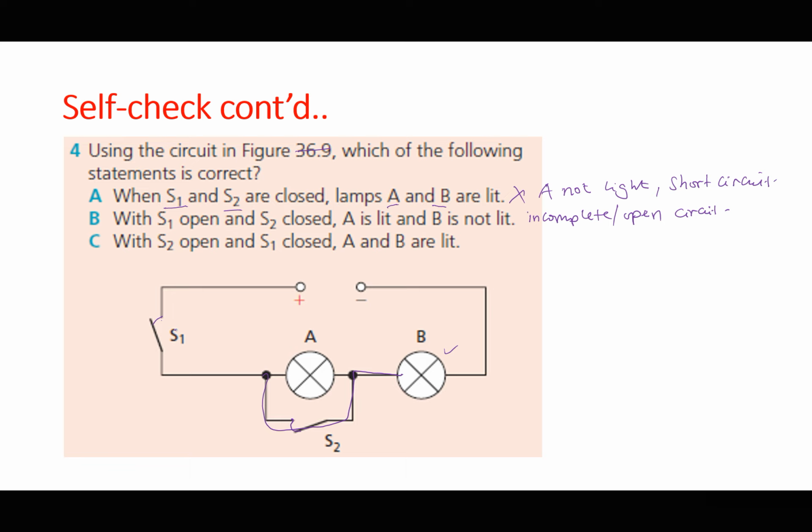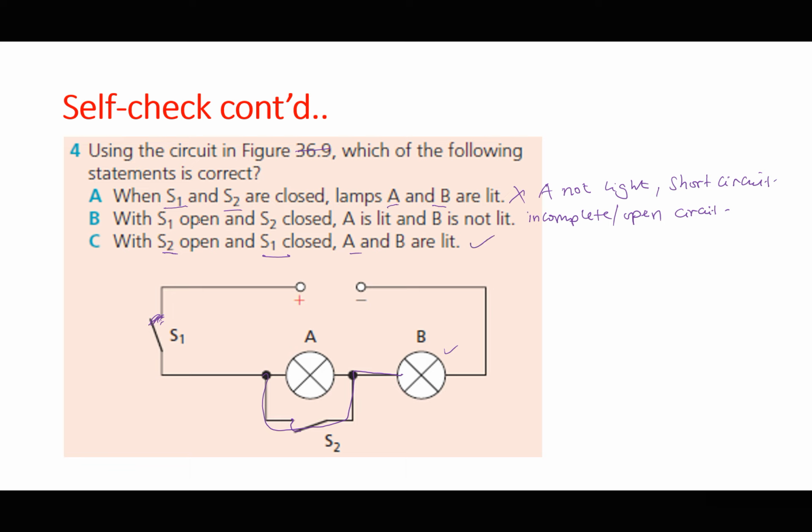Now S2 is open and S1 is closed. As long as S1 is closed, there's a power supply in the circuit. If S2 is open, there's no short circuit, so both A and B would light. So the question is, using the circuit, which of the following statements is correct? With S2 open and S1 closed, A and B would light. So this is a correct statement.